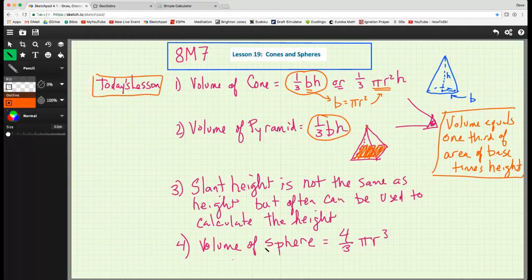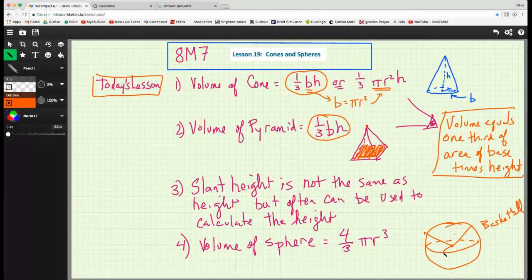Okay, let's go to point 4 real quick. The volume of a sphere is 4/3 pi times r cubed. So if you have this sphere, think of this could be like a basketball. And you know the radius, the distance from the center to the edge, any edge, because the radius is the same for a sphere.